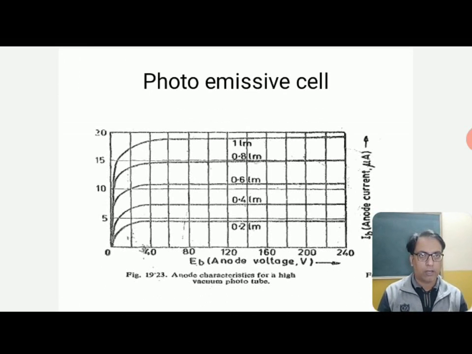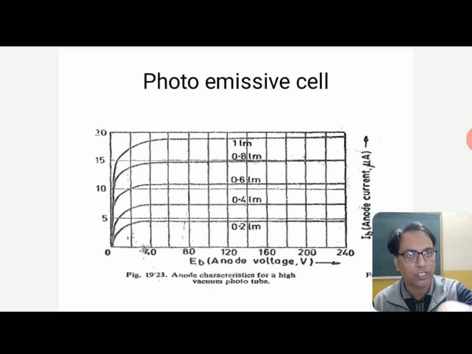For different values, you can see that for 0.2 lumen intensity, you are getting the lowest curve, for 0.4 lumen the second curve, for 0.6 lumen the third curve, for 0.8 lumen the fourth curve, and for 1 lumen the final curve. According to the intensity, there is a variation in the current. This variation is shown between the current and the applied voltage.